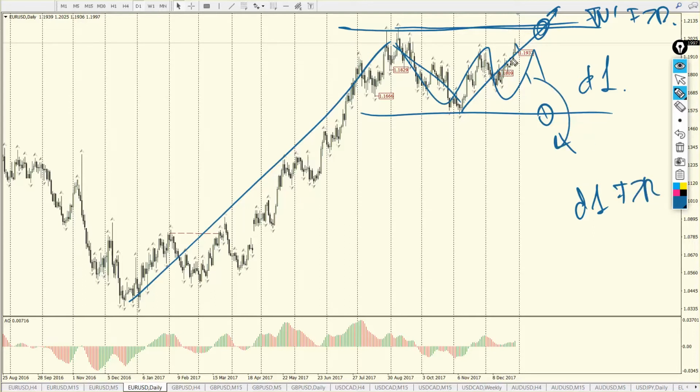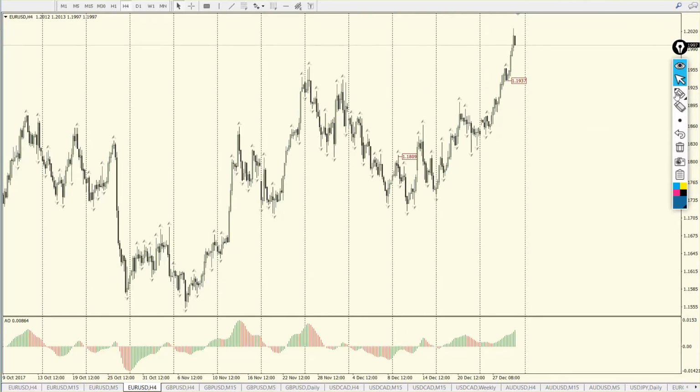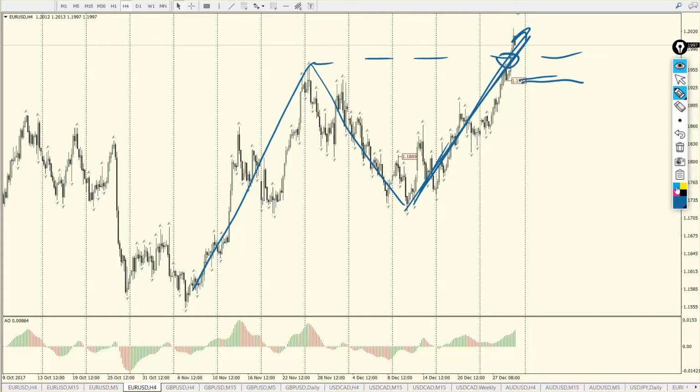But it looks like at the moment we're going up to this reference point. Also, for me, this level is a bit too high because I'm an intraday trader, so I'll go to a smaller time frame, which is H4. Here you can see this is the FZR that I'm looking at the moment, and here you can see the pivot point that is protecting this trend up.